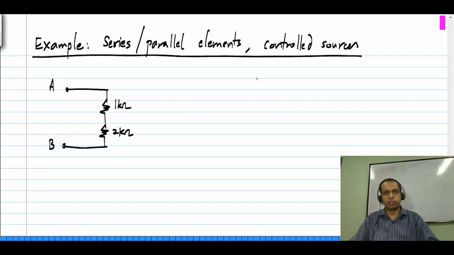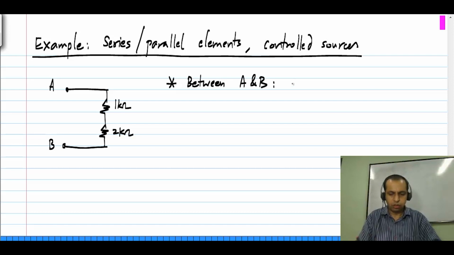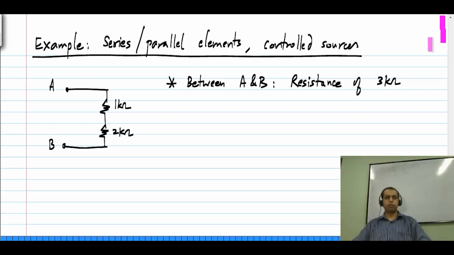For instance, one could ask you what the equivalent circuit is between the nodes A and B. It clearly looks like a resistance of 3 kilo ohm, because we have already discussed this, that a series combination of a number of resistors simply looks like the sum of all the individual resistors.